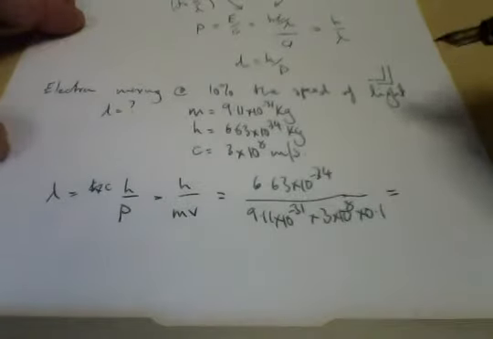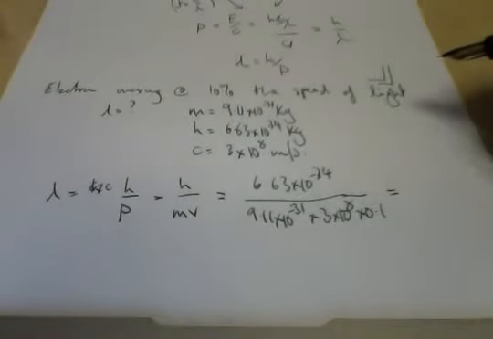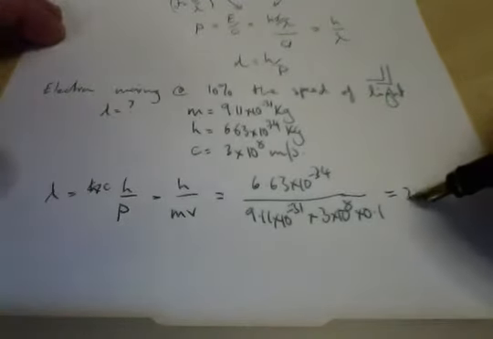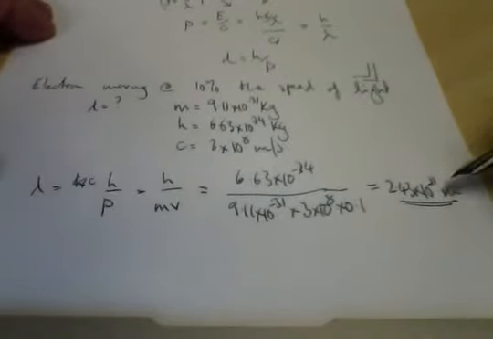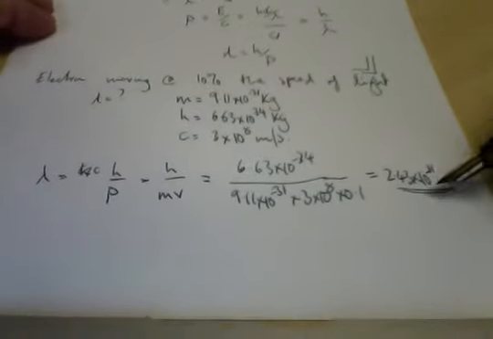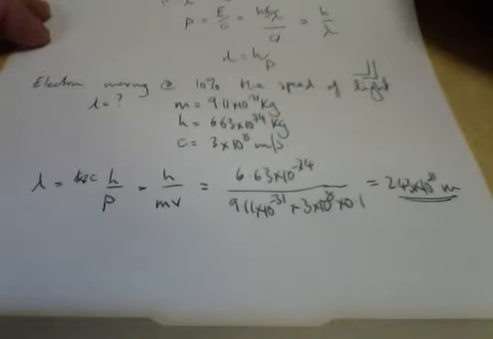That should give us, when we plug all those in, about 2.43 times 10 to the minus 11 meters. Okay, so incredibly small. Not too small to notice, but incredibly small. Okay, that was example 1.